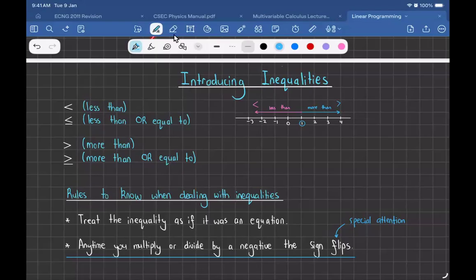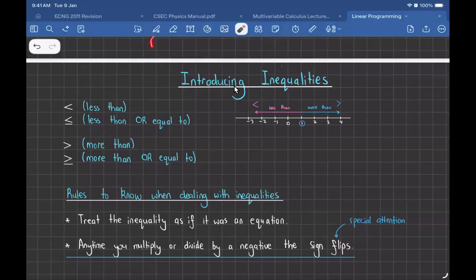Yes, sir. Okay, cool. So, Ria, I'd like you to read the rules for me. Rules to know when dealing with equalities. Treat the inequality. Inequality. I said equalities.